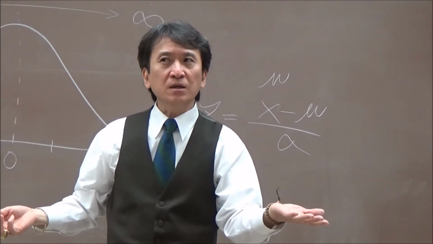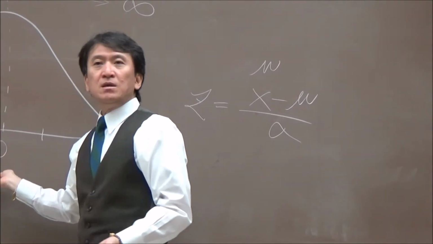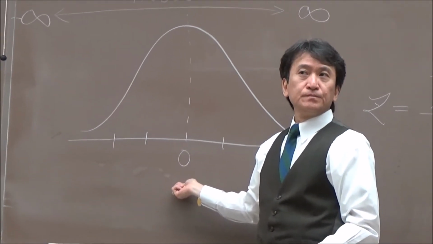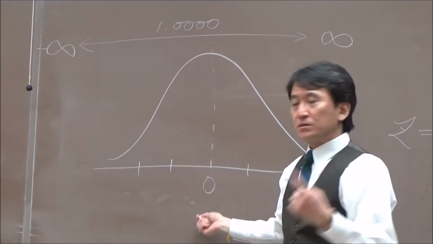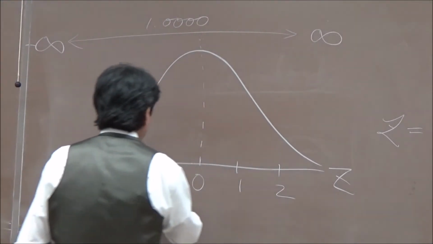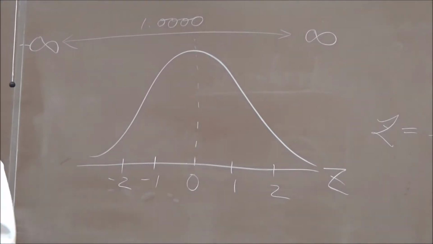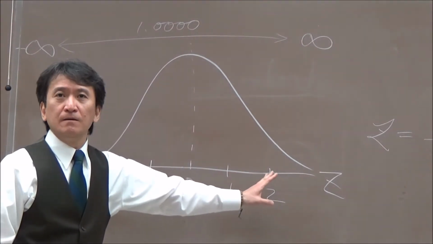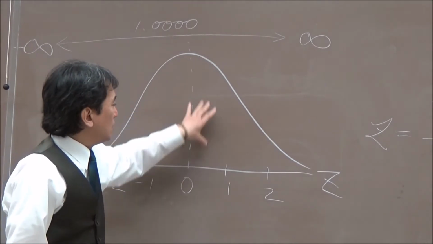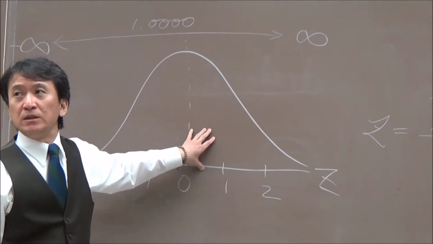Do you understand what I'm getting at? So the mean is always zero, right? Standard deviation is? Exactly. Do you see that? By specifying those Z scores, we can know the proportion, probability, right?